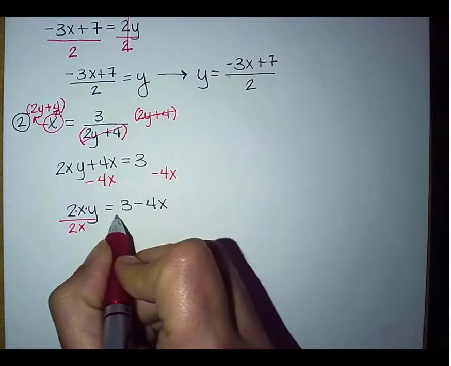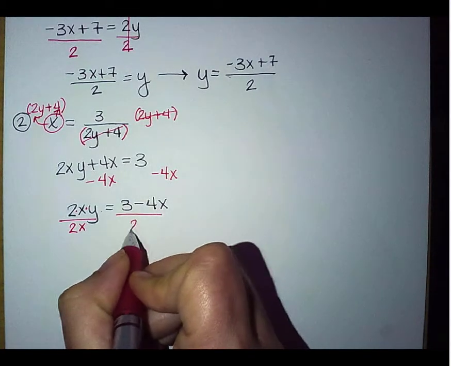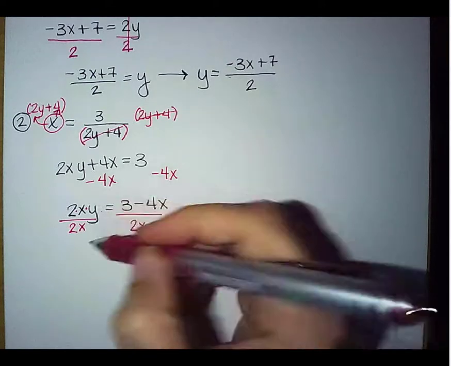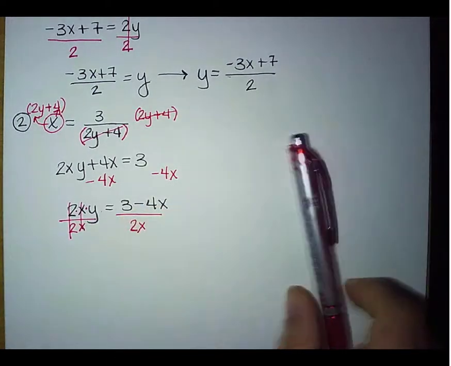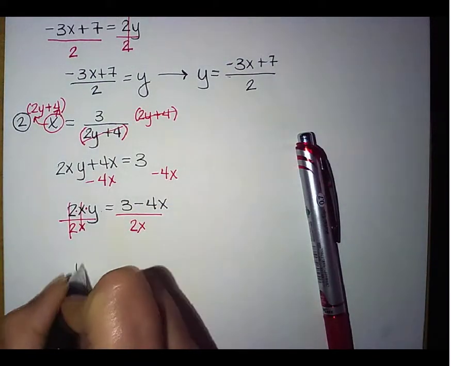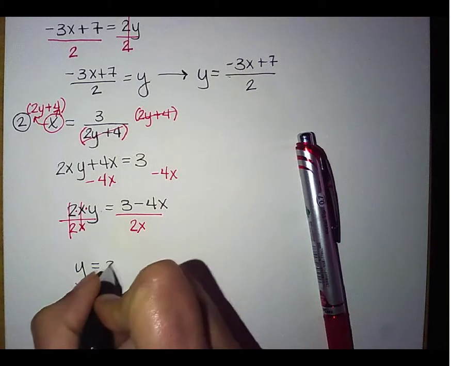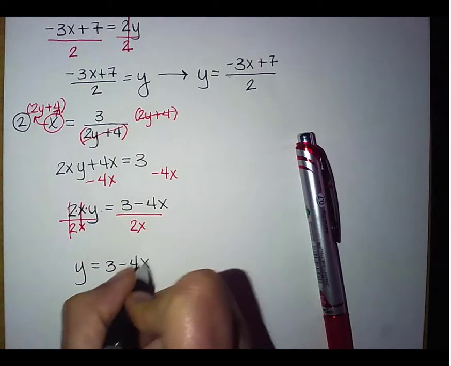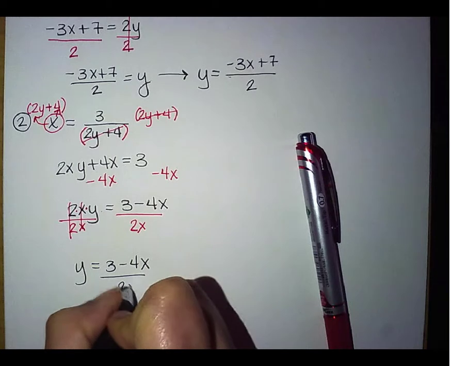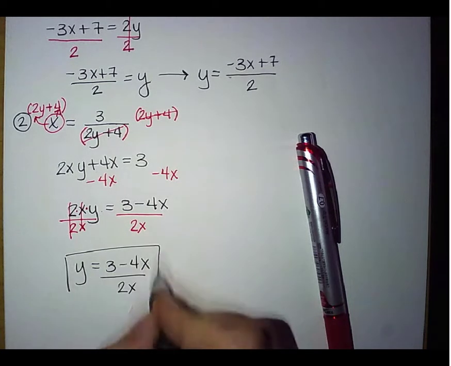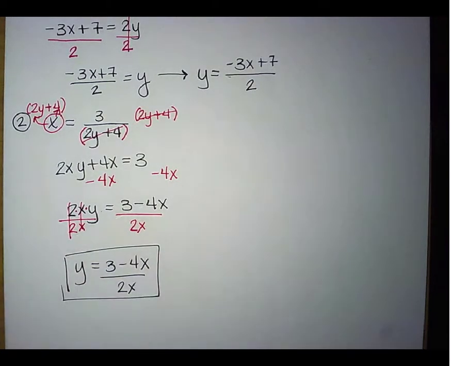And again, if we do it to the left hand side, we also have to do that to the right hand side. Again, our 2 and our x are going to cancel each other out. So we're going to get y equals 3 minus 4x divided by 2x. And this would be our answer for the second question.